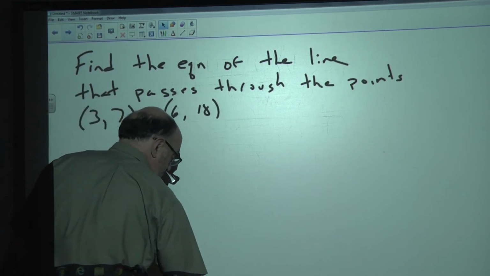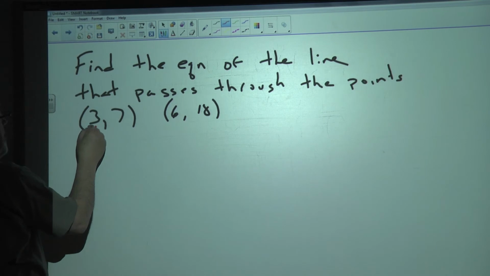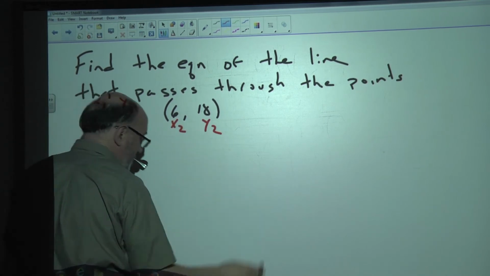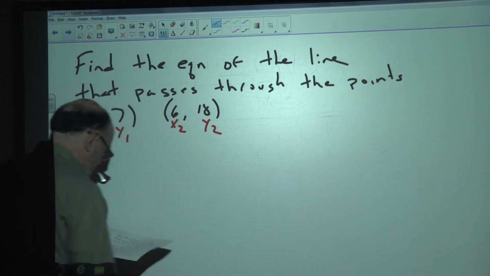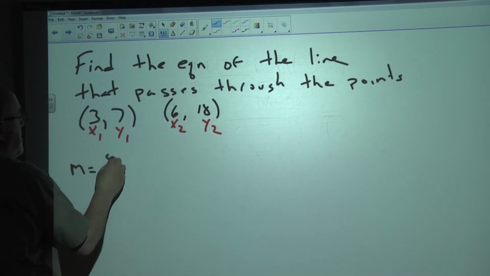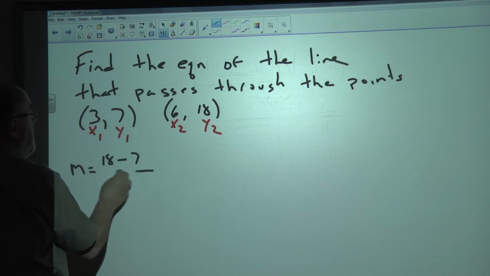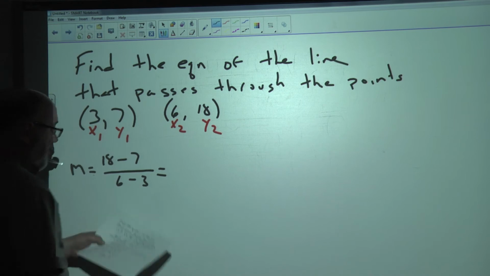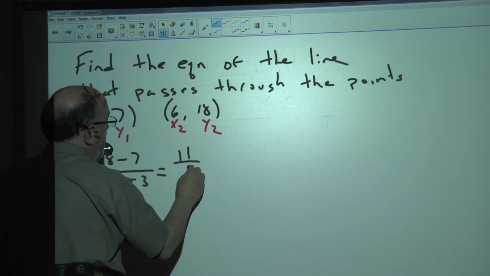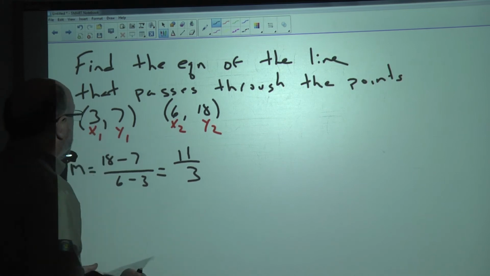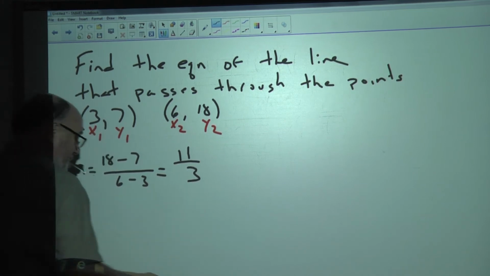Right? So again, we call this x1, y1, x2, y2. And so our slope is going to be 8 minus 7 over 6 minus 3. And that'll give us 1 over 3. That's our slope.